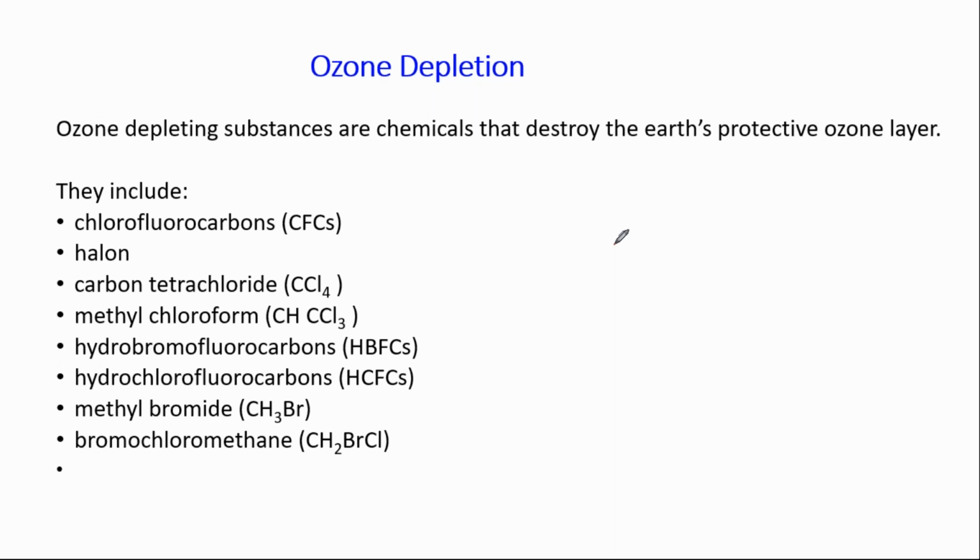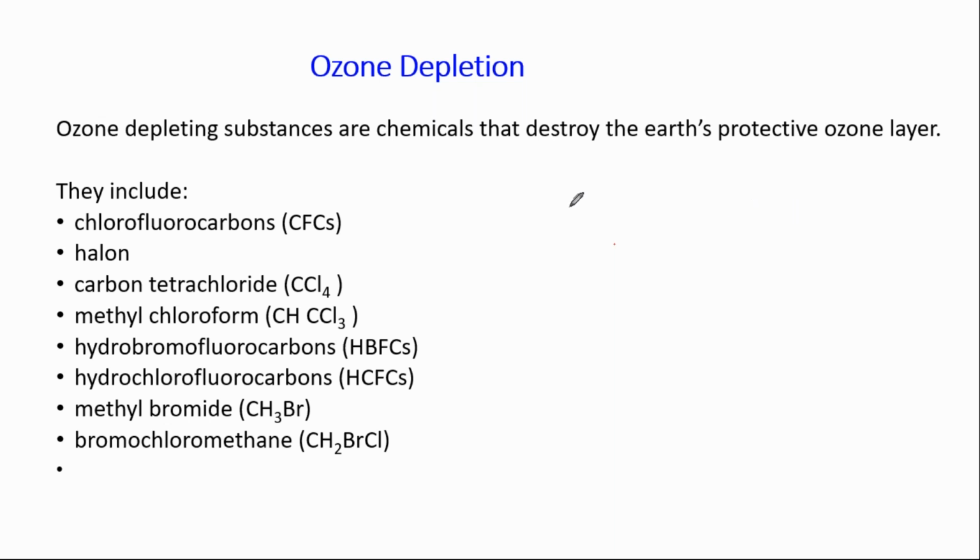So if the ozone layer is already there to protect from these UV rays, how does ozone depletion happen? Due to CFCs, that is chlorofluorocarbons, due to the chlorine atom, these ozone molecules are destroyed.